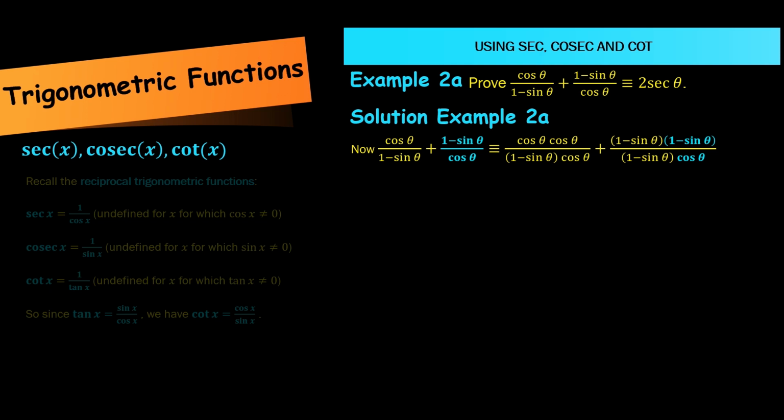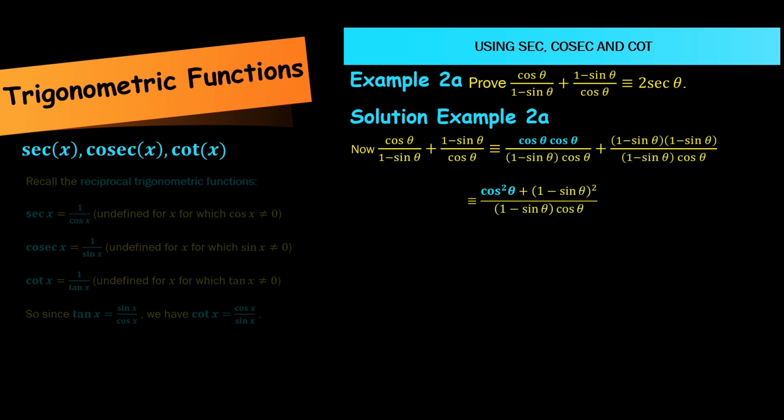And similarly, here's our second fraction. In order to put this over the same denominator, we need to multiply top and bottom by 1 minus sine theta as shown. And so these two fractions can now be expressed over one common denominator.